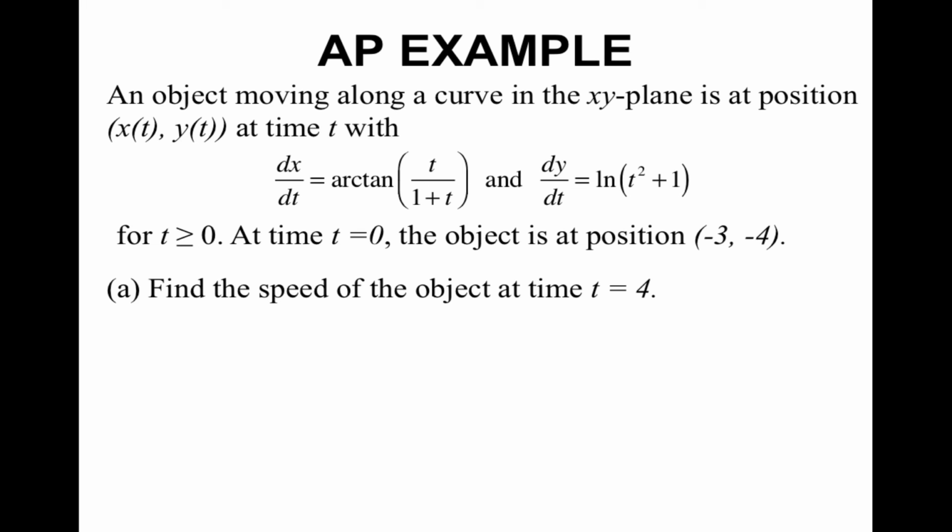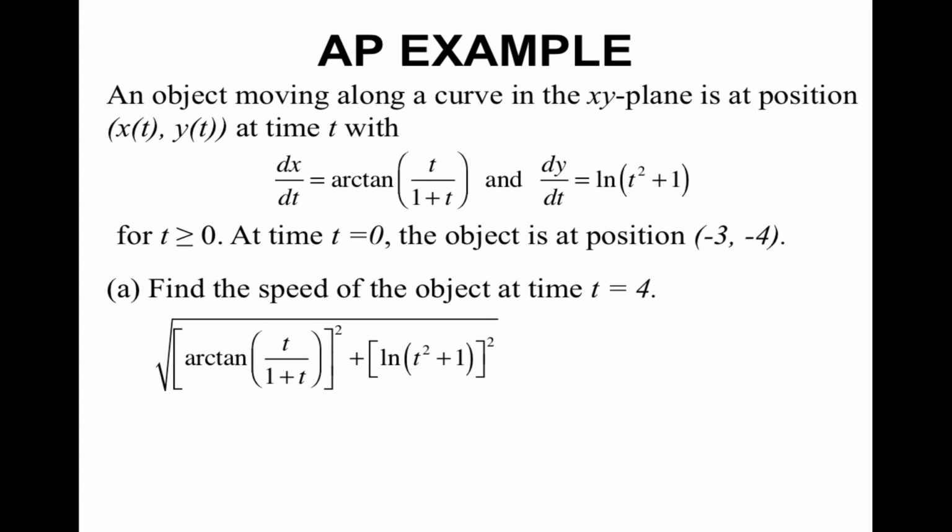Part A says to find the speed of the object at time t equals 4. So I'm going to use the square root of the derivative of x squared plus the derivative of y squared. And this problem was really nice, it gave us the derivatives of x and y for us.